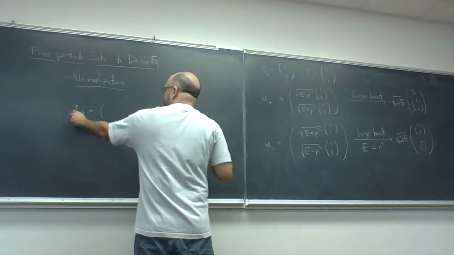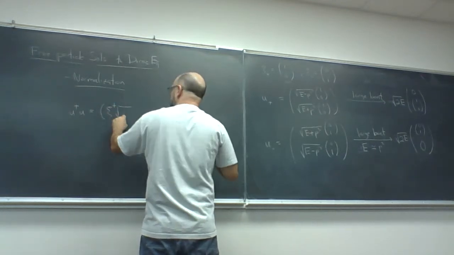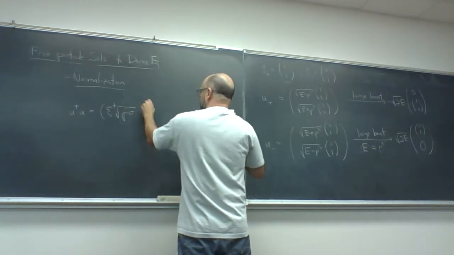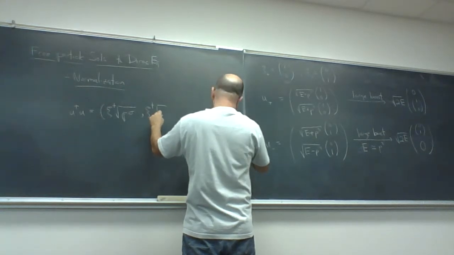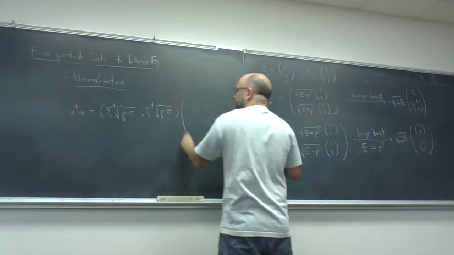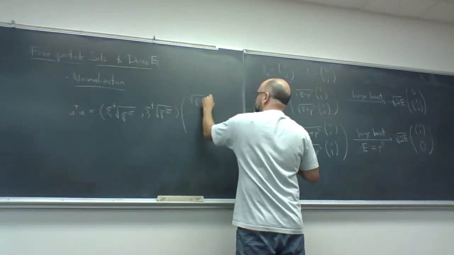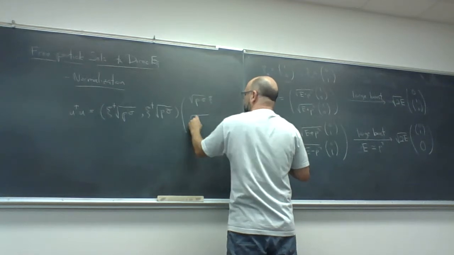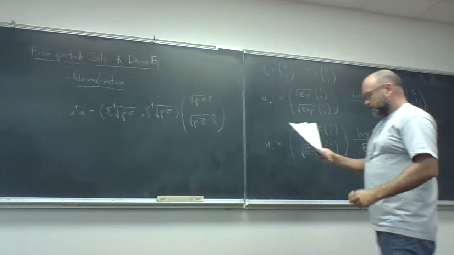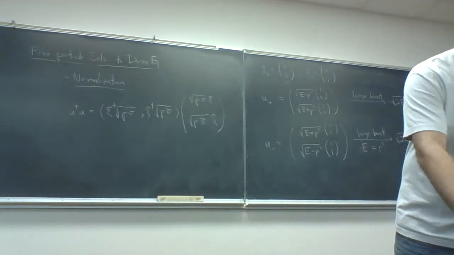So u dagger is going to be c dagger, this thing that's multiplying is just a scalar, Hermitian quantity. And then my u is square root of p dot sigma c, square root of p dot sigma bar c. So I want to carry out this matrix multiplication.